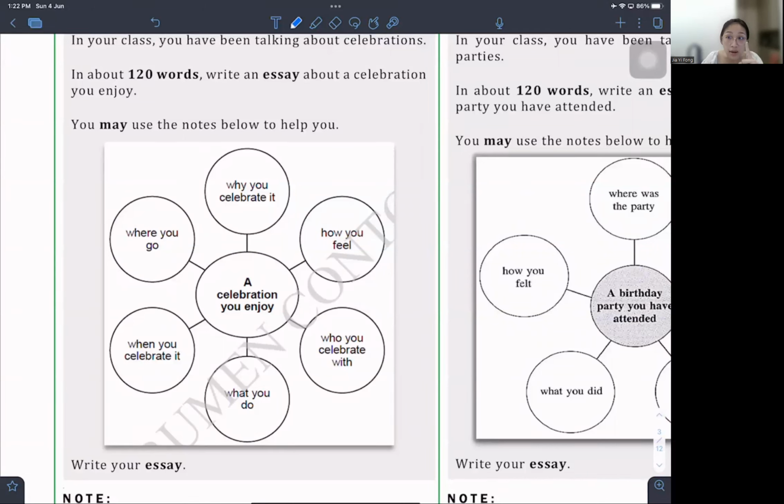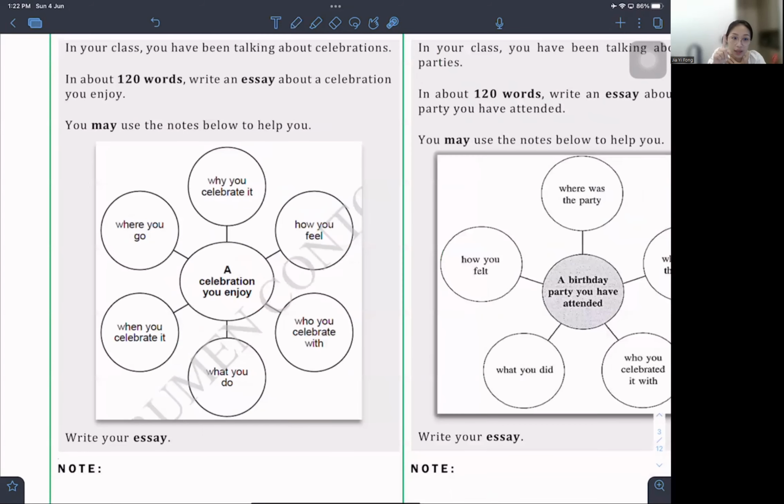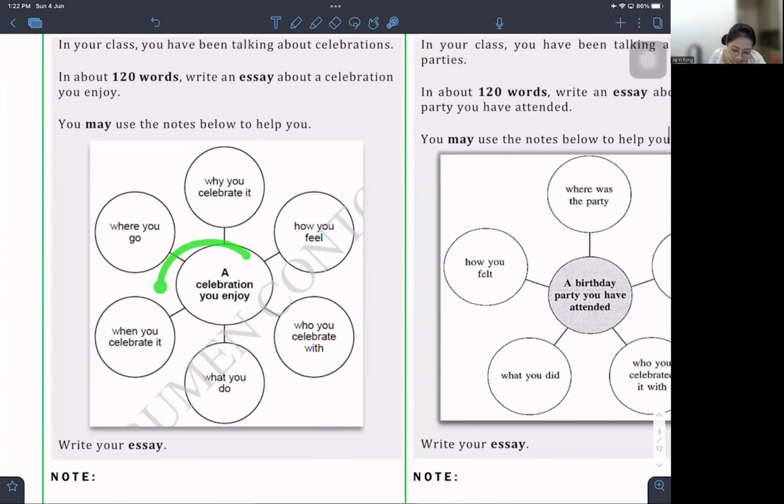But, let me warn you, sometimes your school teacher can cheat you. They can actually set a trap for you. How do they set a trap for you? Your topic is different from here. So do not, I repeat, very important, I repeat, do not rely on this circle here to tell you what is your topic.